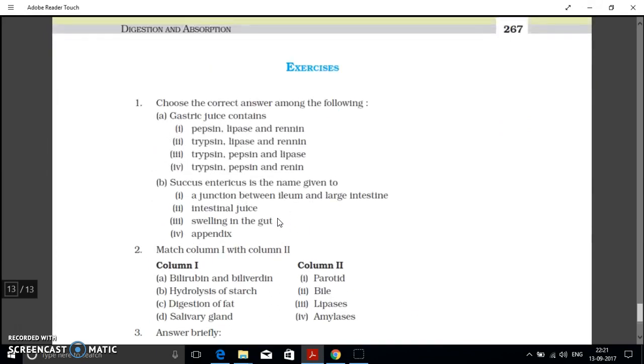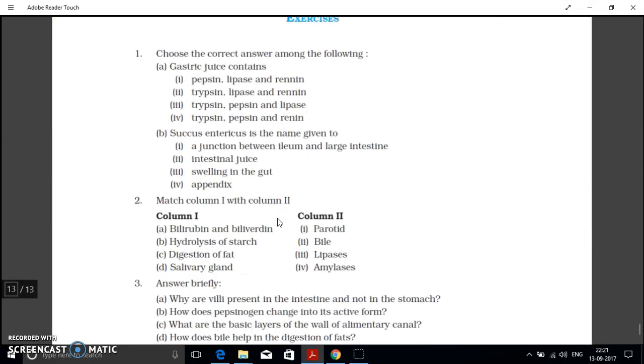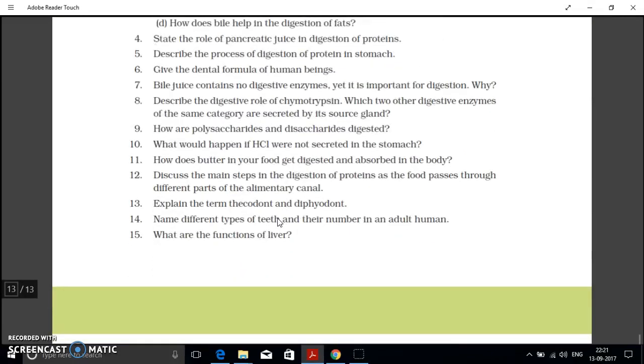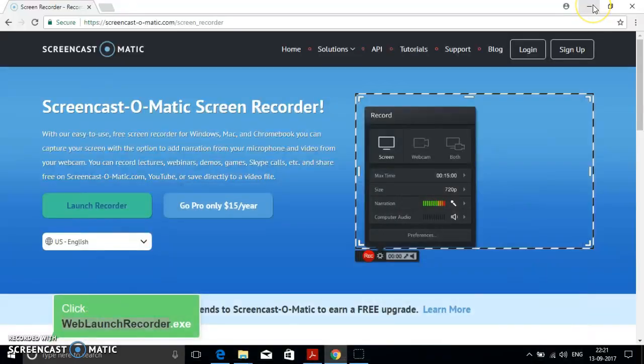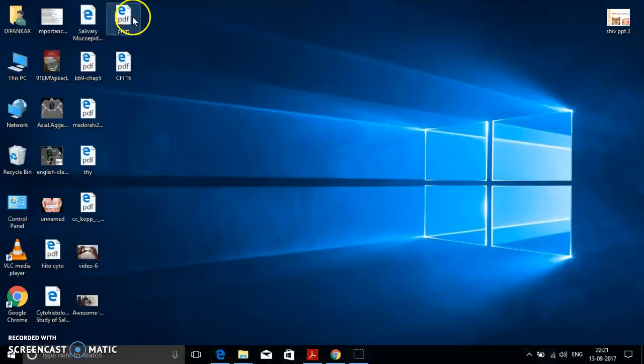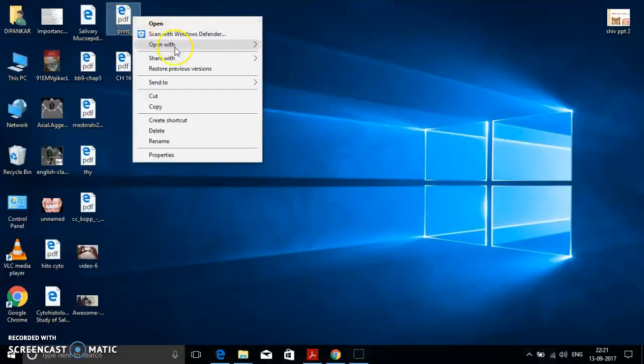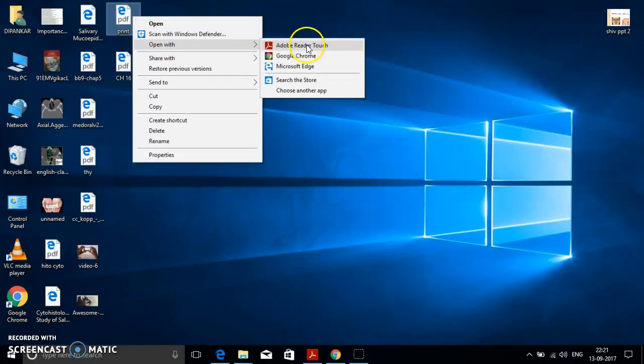You will find the exact thing which I have taught you by this question and answer. The question number 1, 2, 3, 4, 5, 6, 7, 8 and all. So going to that portion of question and answer.